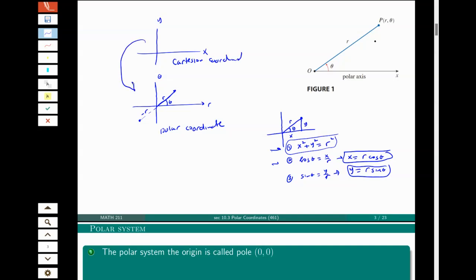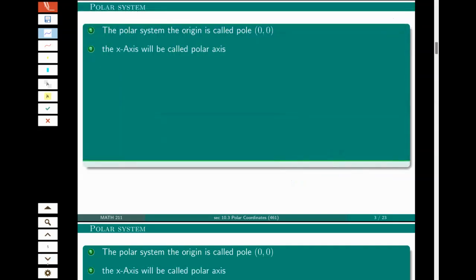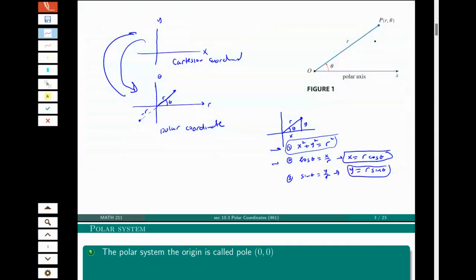So sometimes we move from here to here, sometimes we move from this system to that system. Of course, here, this is what we call the polar axis, and that we call the pole. And this one, we call vector is equal to y over 2.